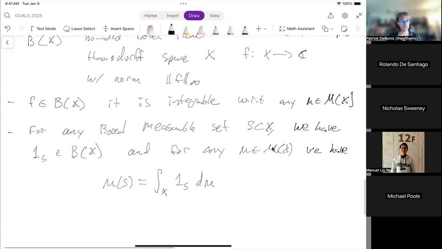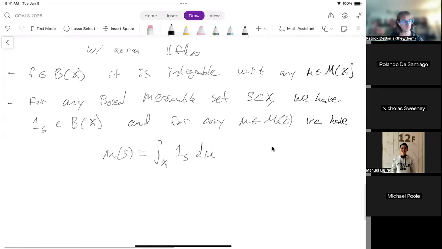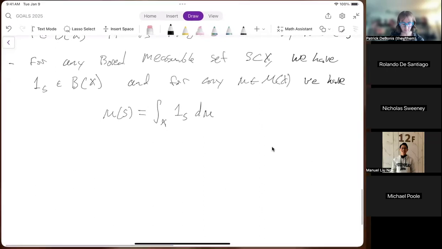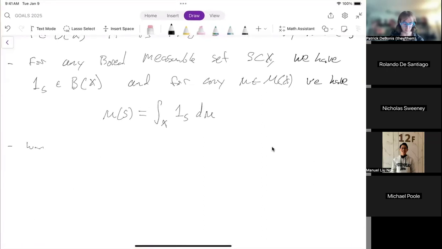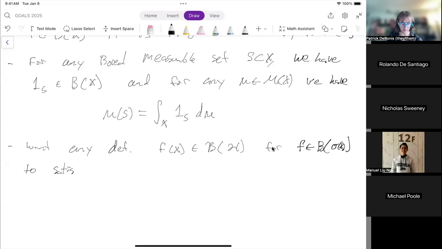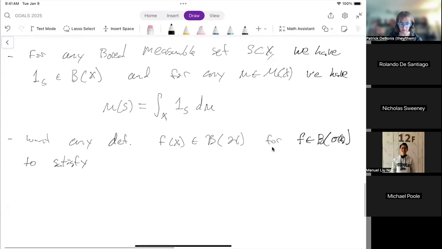With these sorts of things in mind, we want any definition of this operator f of x inside the bounded operators on H, for a Borel function, to satisfy basically the proposition we did earlier.